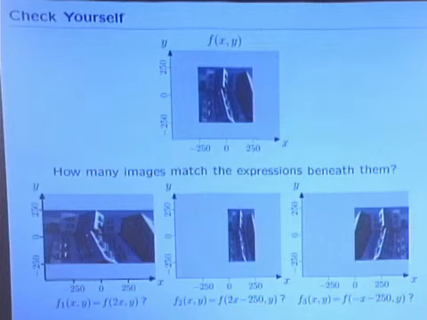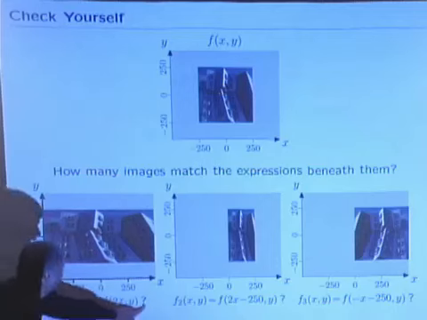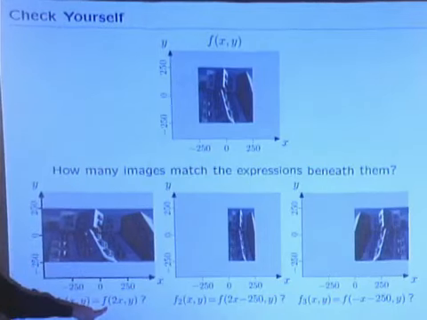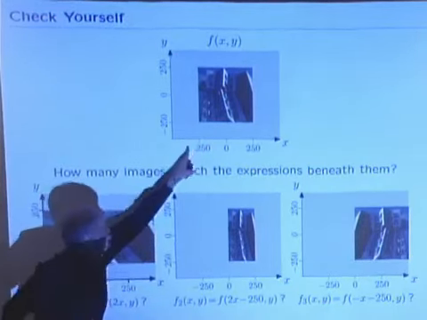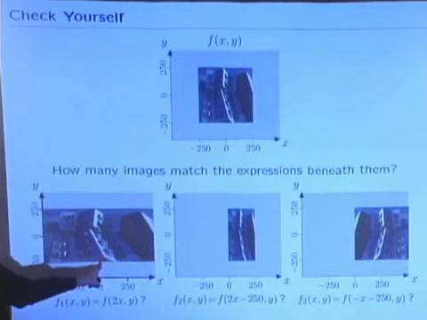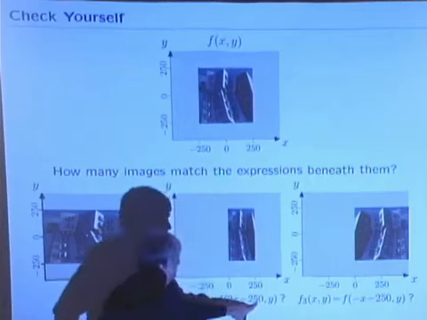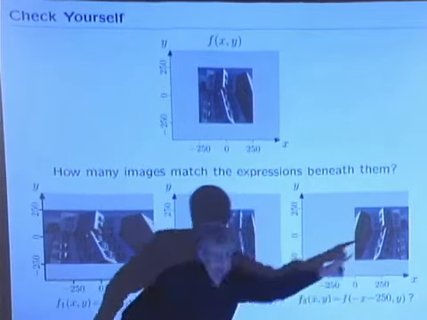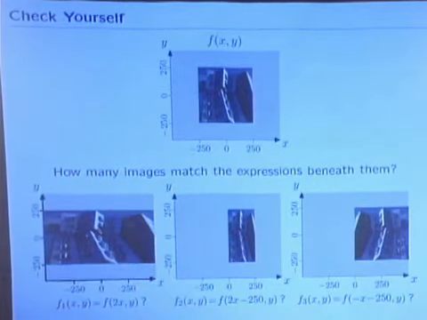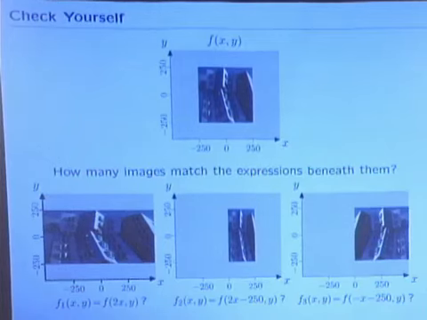The question is, is this the right mathematical representation for transforming that picture into this one? And is this the representation for this one? And is this the representation for that one? Take 30 seconds, talk to your partner, and figure out how many of those transformations are correct.